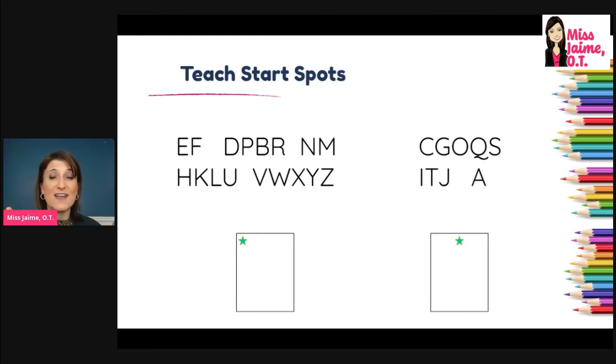Many, many children start their letters at the bottom, and it can be a really hard habit to change. But one interesting tidbit that I read somewhere was that Freud says that the reason kids start so many letters at the bottom is because it goes back to ego. They think that the whole world revolves around them.